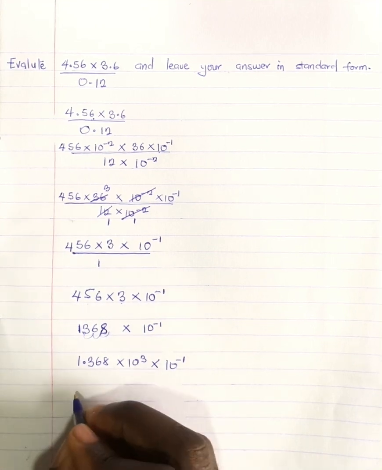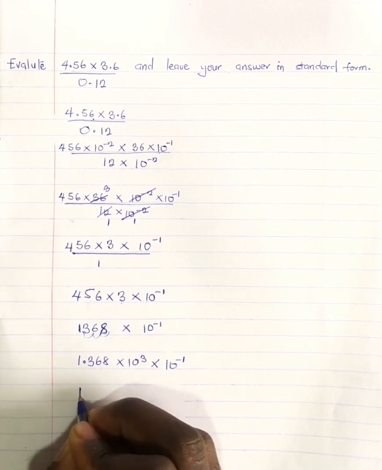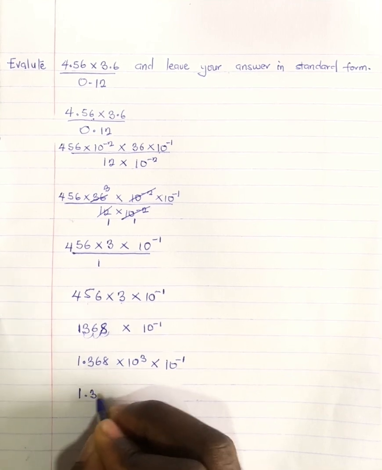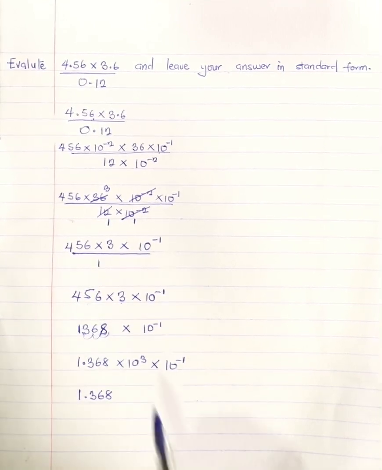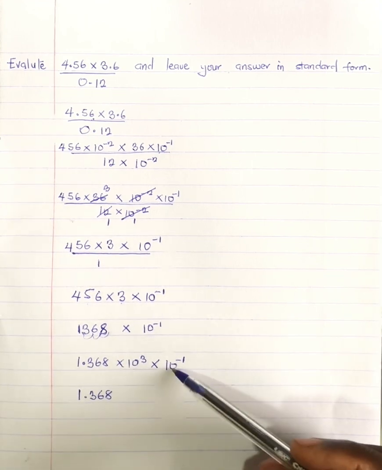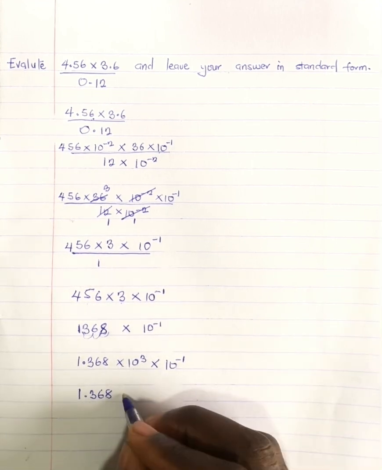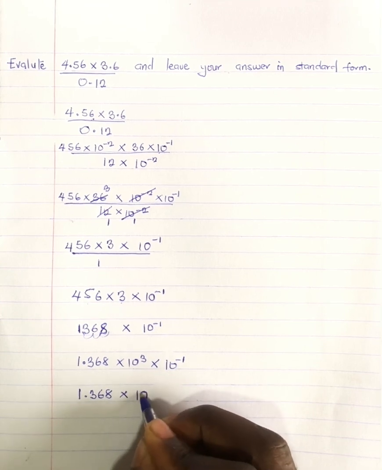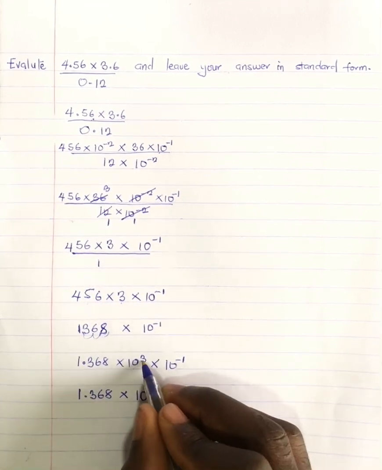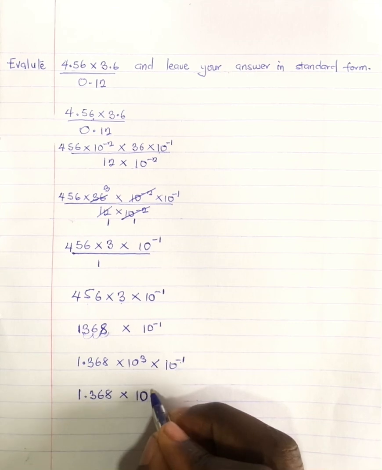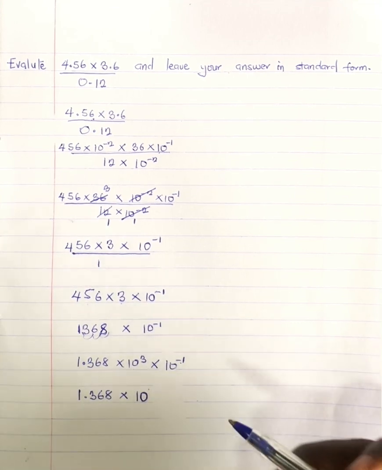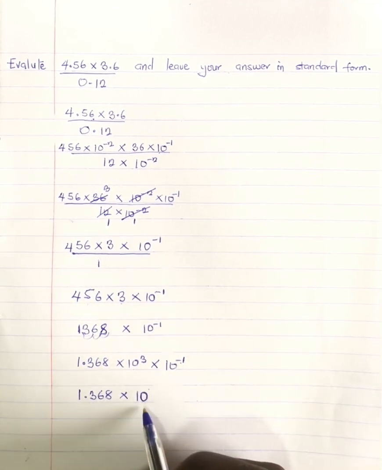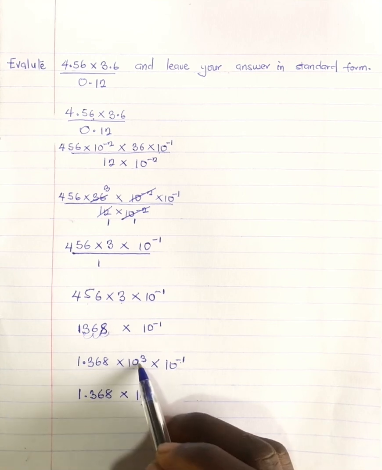Then we come and see we have 1.368. Now, law of indices. When the bases are the same, we pick one of the bases, then we add the powers. So when the bases are the same and they are multiplying, we pick one of the bases, then we add the powers.